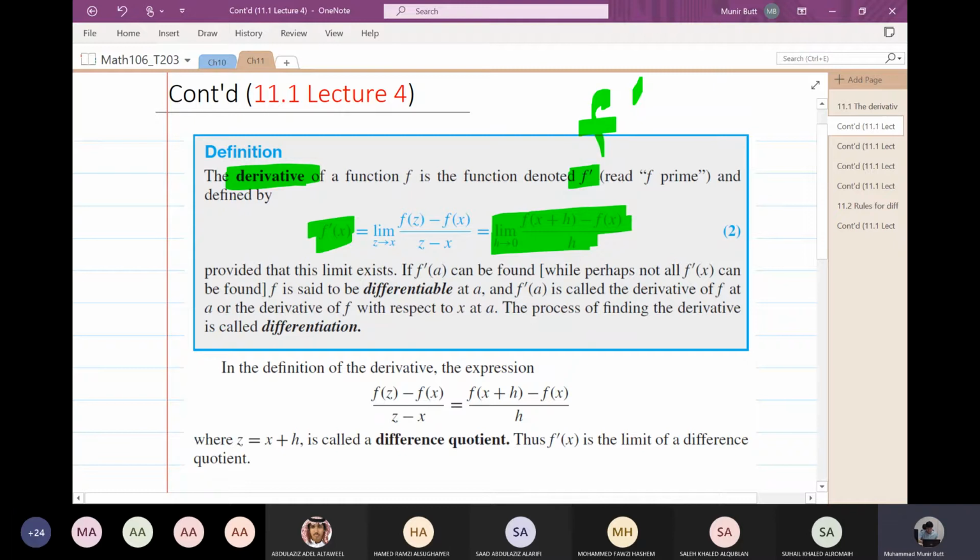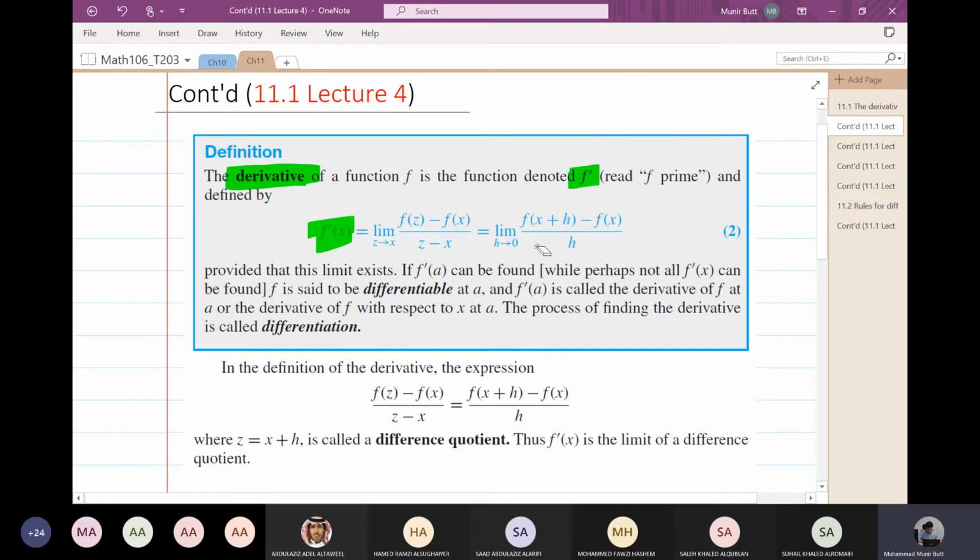You agree? In the previous slide, we learned what the slope of the tangent on some curve is. And here we are interested to know what the derivative is. Derivative means rate of change: the rate of change in the dependent variable with respect to the independent variable. So this is the philosophy of differentiation.